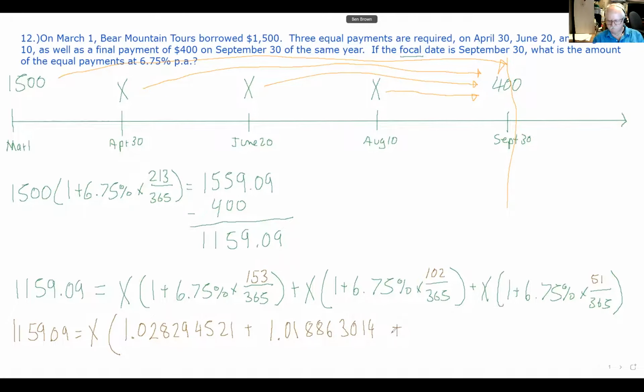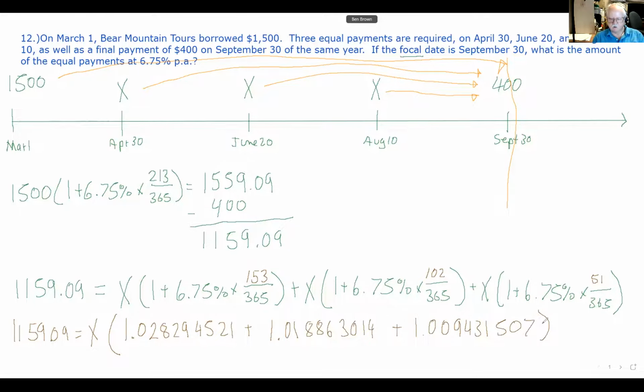So 51 divided by 365 times 6.75% plus 1, and I'll store that in register 3. But what I got is 1.009431507.